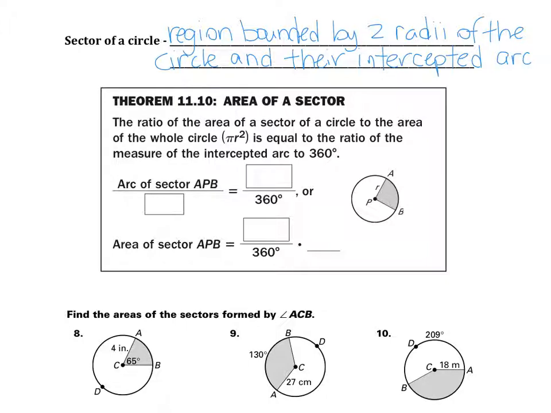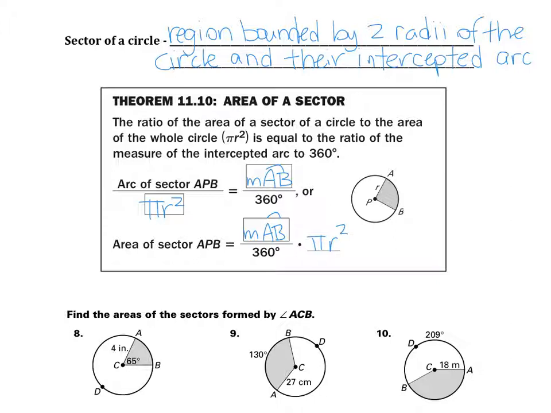And we can find the sector kind of like we did with the arc length. So you take the area of the sector over the area of the circle, it must equal the measure of that arc over 360. And if you want to rearrange, you can rearrange like so.